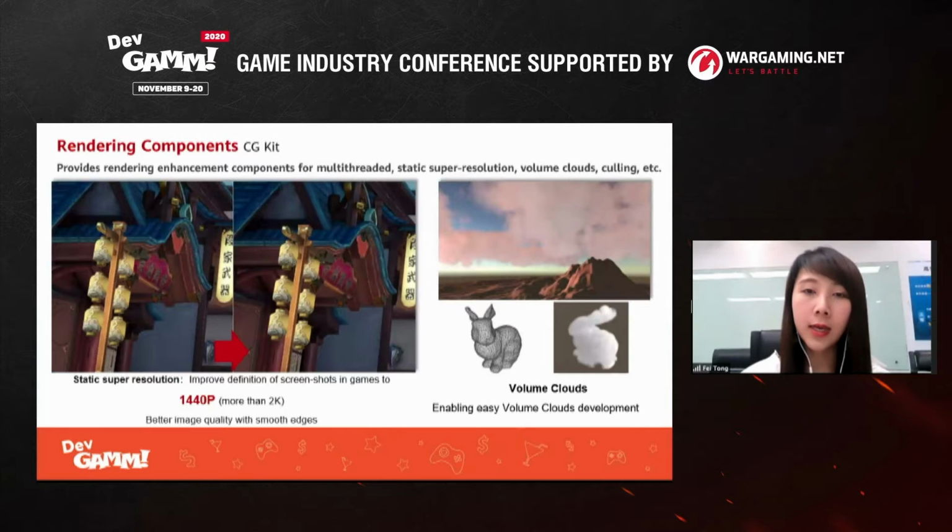SageKit could also provide rendering components which are adapted to Unreal, if you know Unreal, the UE4 engine. And it could also work for other game engines in the near future, such as Unity.